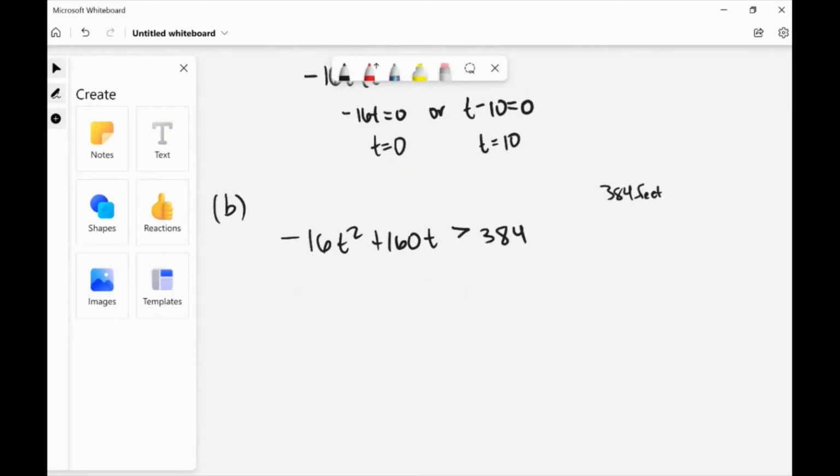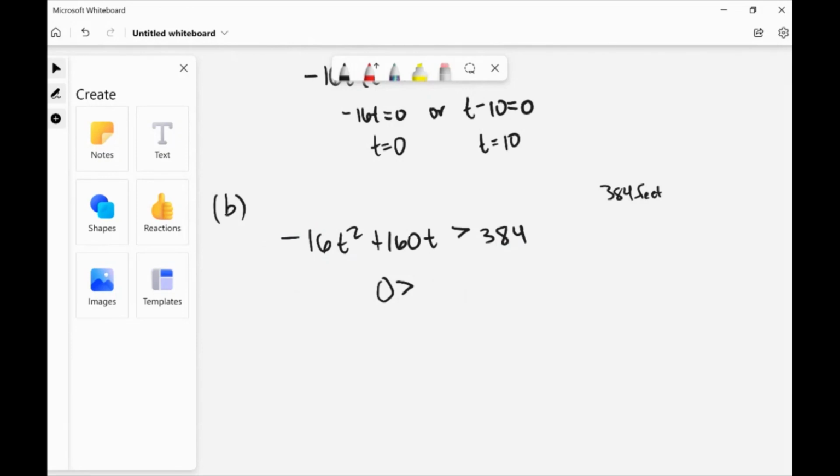Based on what we learned this week, what should you do first? We need to subtract 384 from each side. Yep, that's what we normally do. But this is negative, and I'd rather it be positive. I don't think it matters, y'all, but I got a thing about negatives. If you divide by a negative with inequalities, y'all know the sign switches.